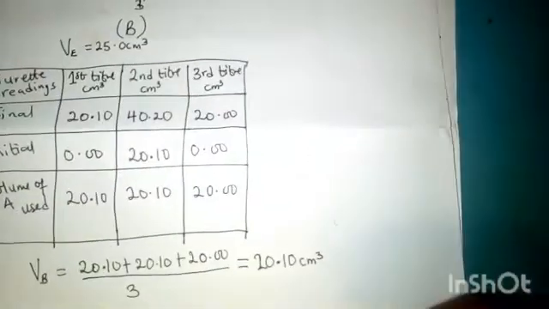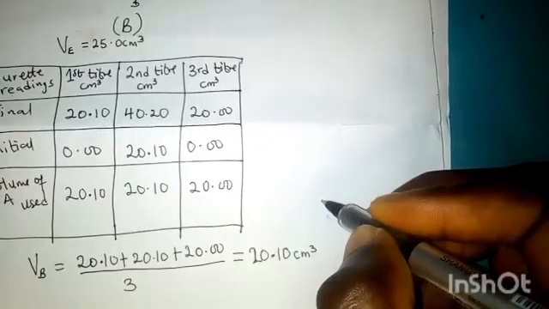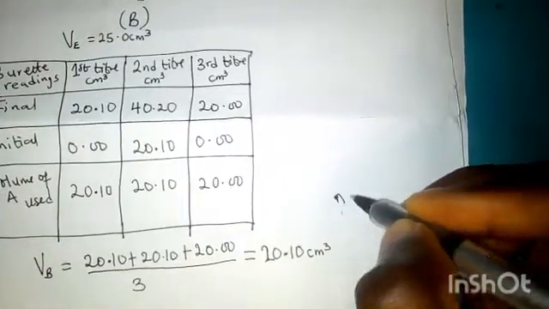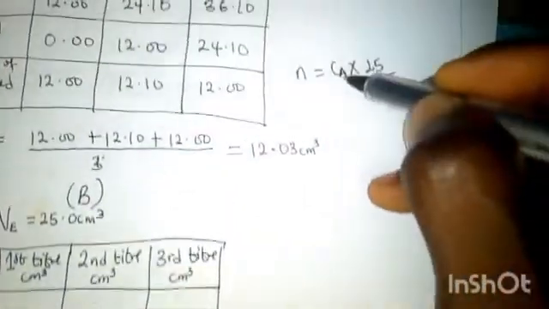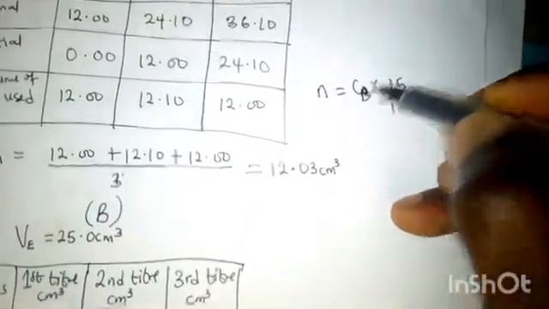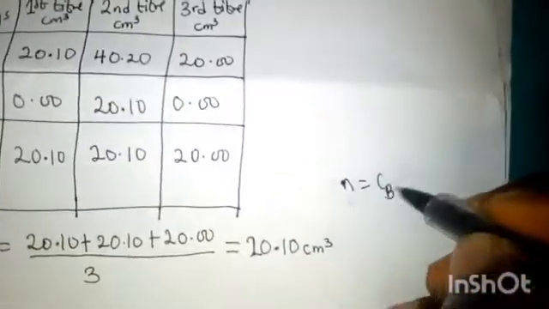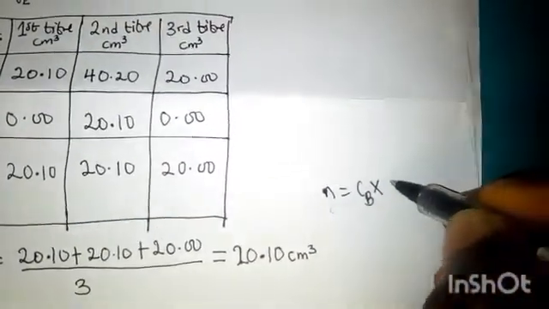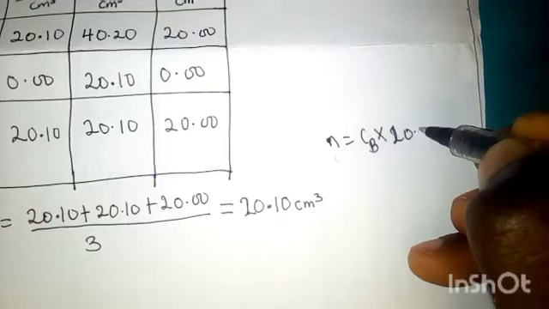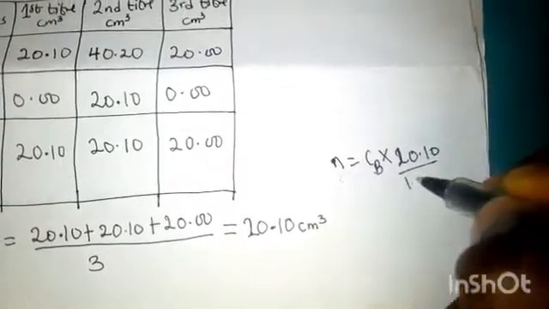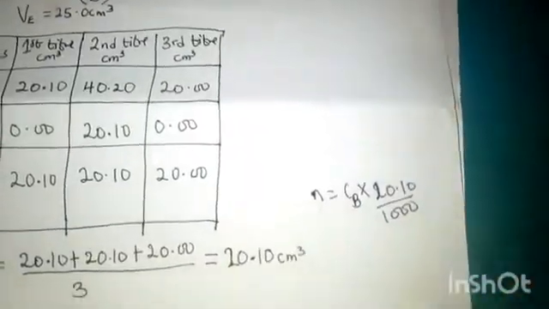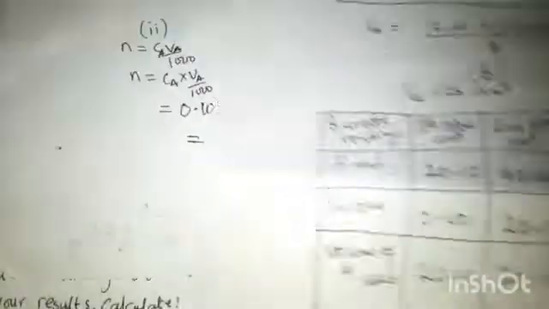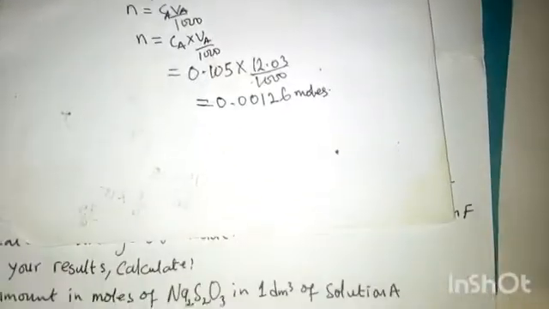The number of moles of B here is going to be CB, the concentration of the KMnO4, times 20.10 over 1000. Don't forget the concentration will be the same because it's the same solution. We didn't prepare it separately. So how do we get this concentration?